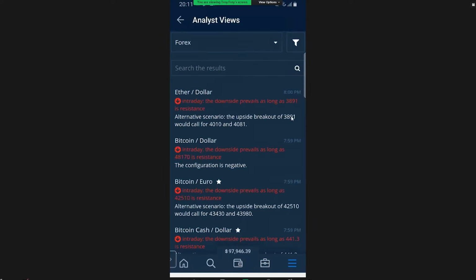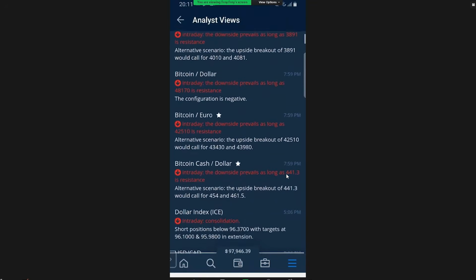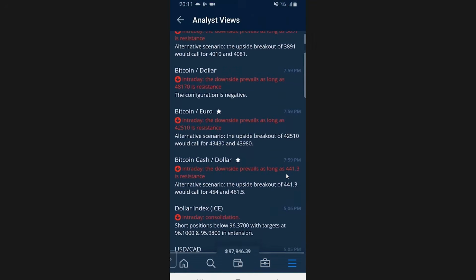And so they're time stamped, but it doesn't mean that if you go down the list and one of the signals is a little bit older, it doesn't mean that it's no good, because it tells you intraday, like I'll give you an example here, Bitcoin Cash versus USD.